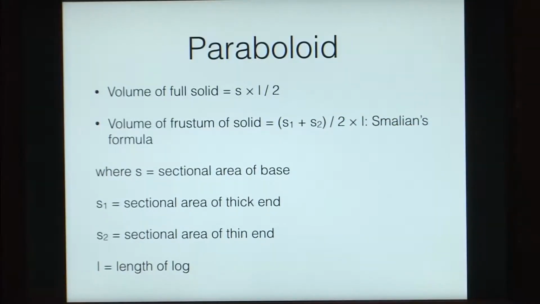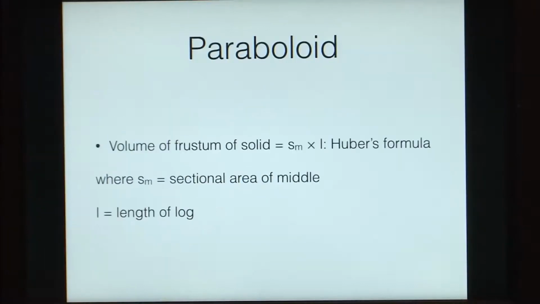So, you must not confuse between S1 and S2. There is also another formula for paraboloid, which is known as the Huber's formula. This talks about the volume of a frustum of solid, and it is given by Sm into L, where Sm is the sectional area of the middle of the solid and L is the length of the log.